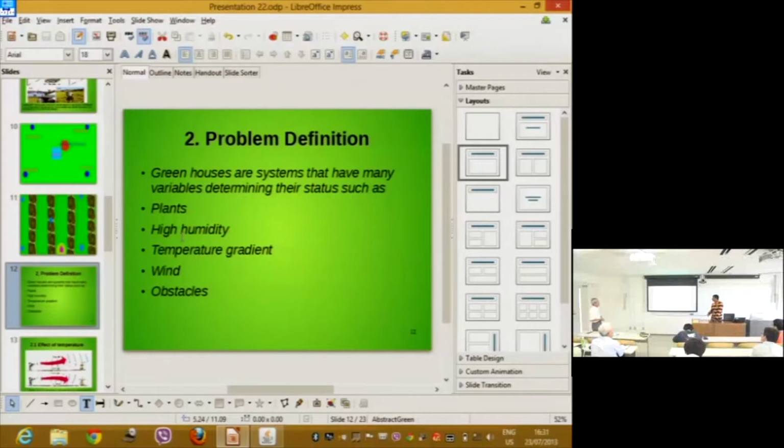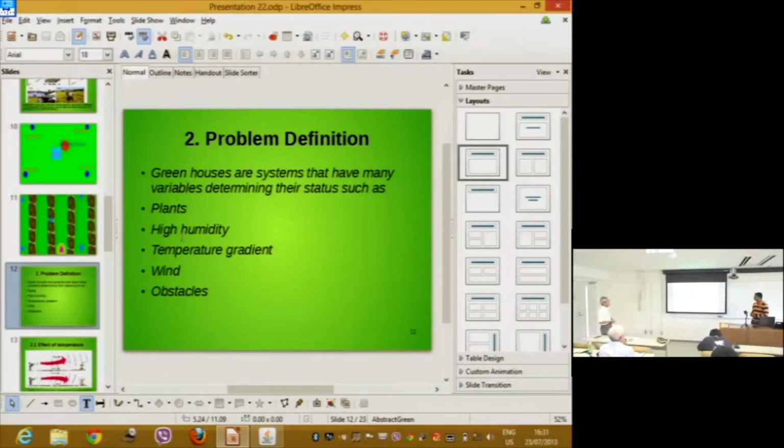Firstly, I'll try the plants because they are the biggest problem. Then temperature. Plants absorb the sound waves. The absorption is a problem, but the multipath is the biggest problem.